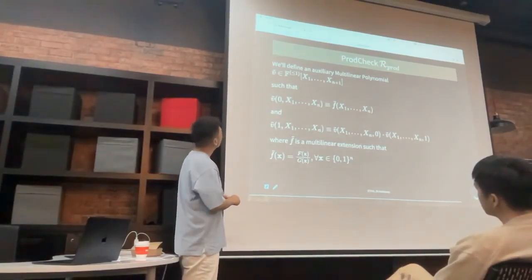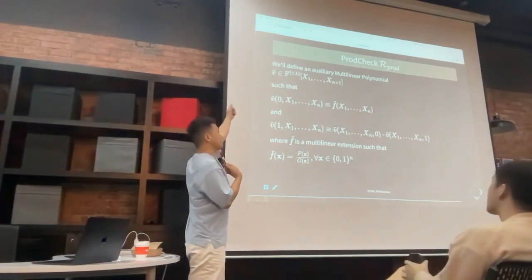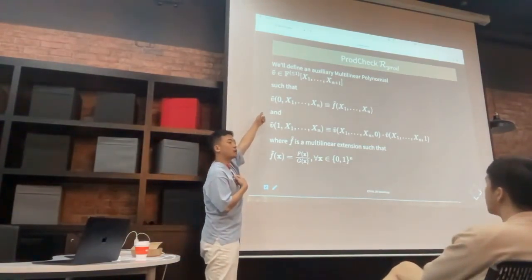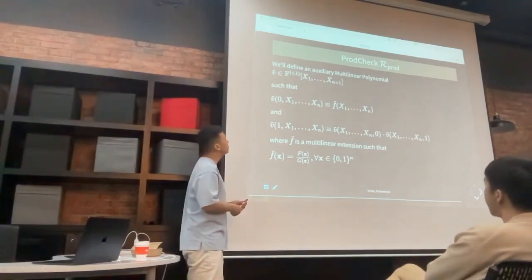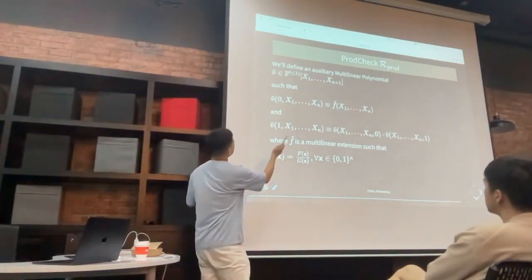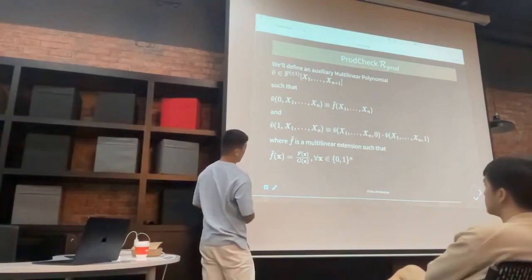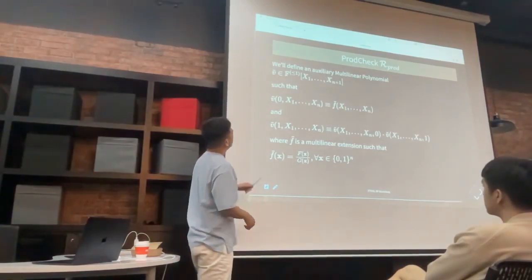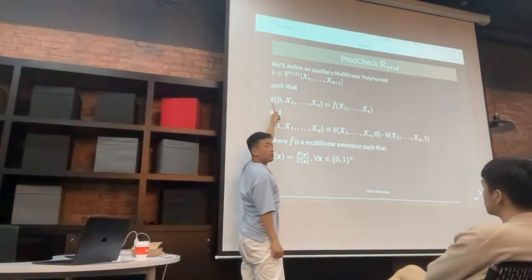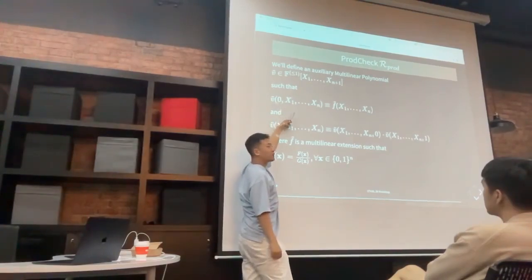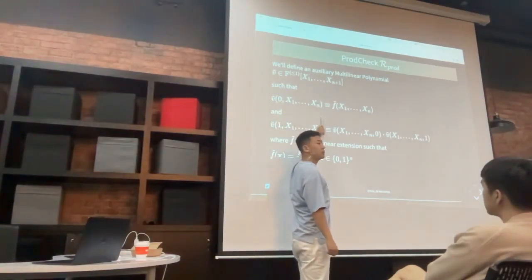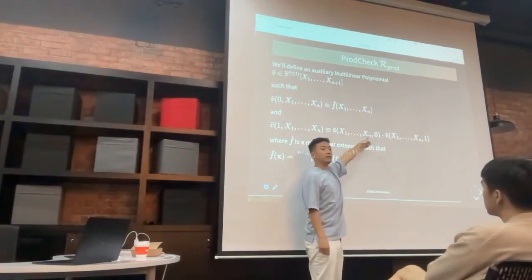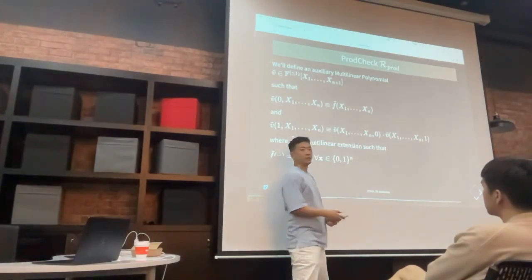This is the definition of the auxiliary polynomial for the product check. It is a multilinear polynomial. So v tilde of 0, x1 to xn will evaluate to the same value as f tilde.